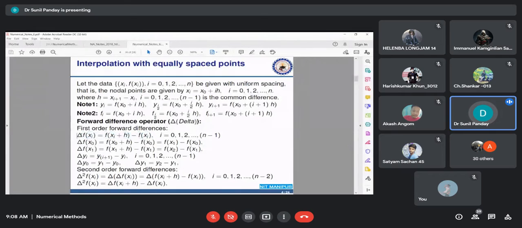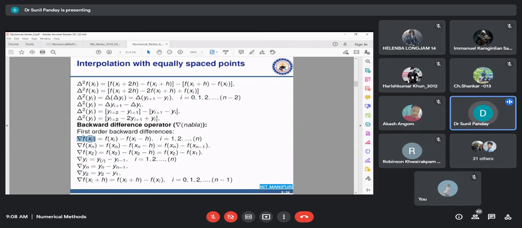If you apply delta to some function f of xi, you get f of xi plus h minus f of xi, where h is the common difference between the equally spaced data. This is the way we defined our forward difference operator delta.